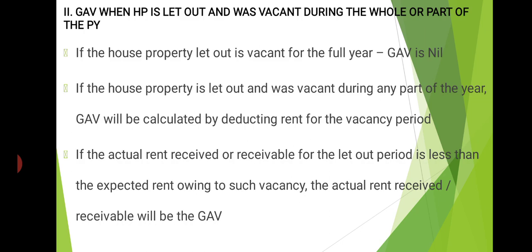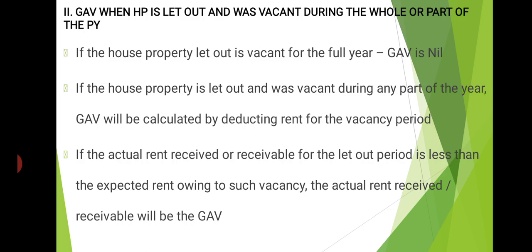If the house property is let out and was vacant during any part of the year, please listen, gross annual value will be calculated by deducting rent for the vacancy periods. How to calculate gross annual value?